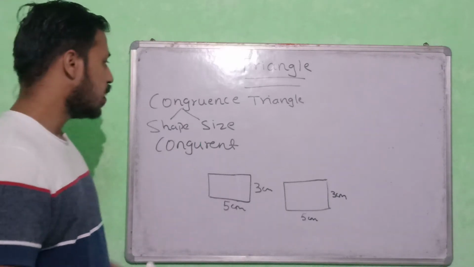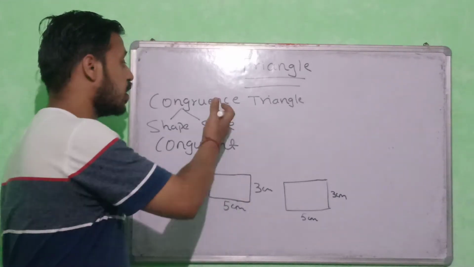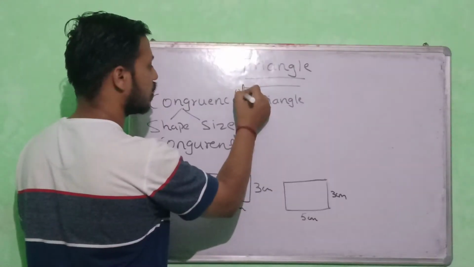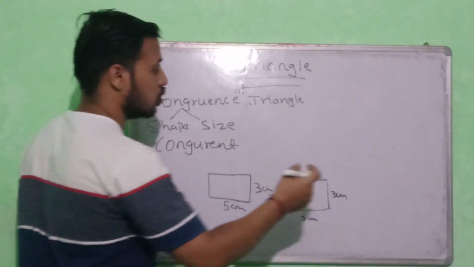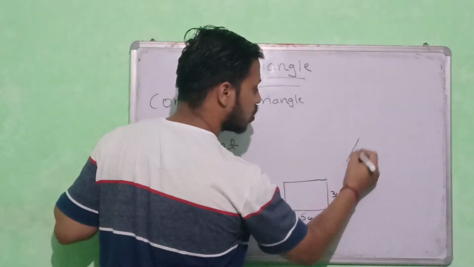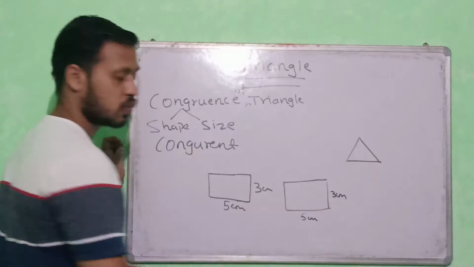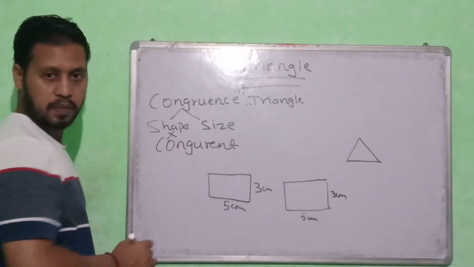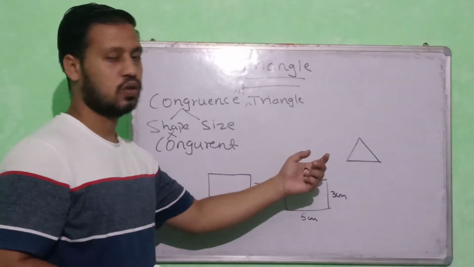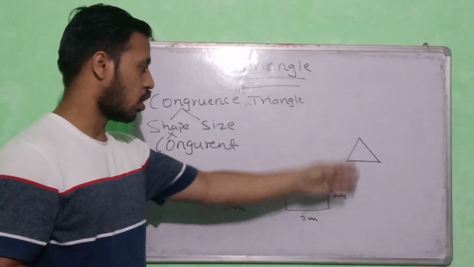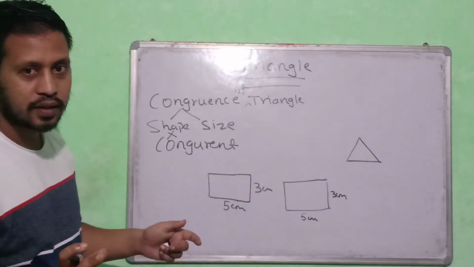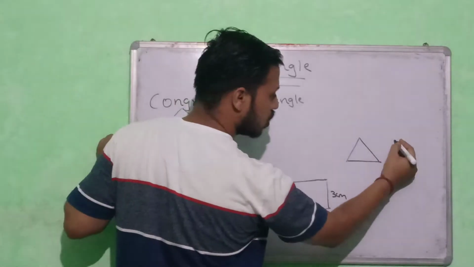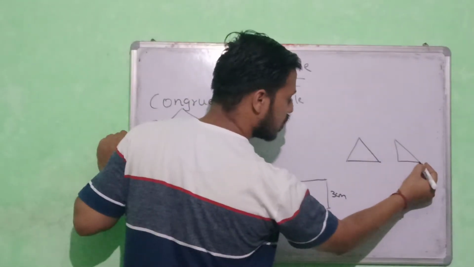Now, what we have to study? We have to study the congruency of triangle. So, here the concept of shape. Like this is a triangle. We are talking about the triangle. All that we will draw here are triangles. But triangle may be in this shape, or triangle may be in this shape.